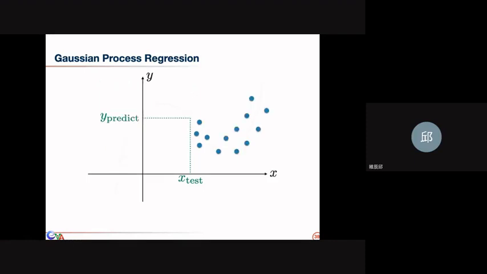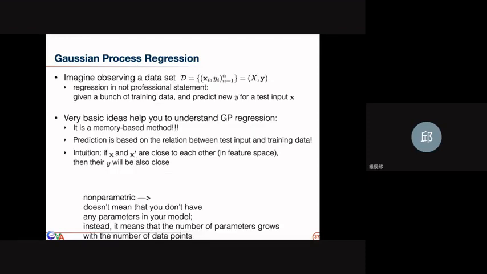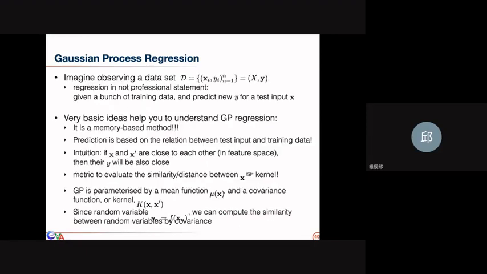But if I give you another group of data points in the training, then the same x test will result in a different prediction y. Again, this is related to the intuition that if x and x prime are close to each other, then their y will also be close.